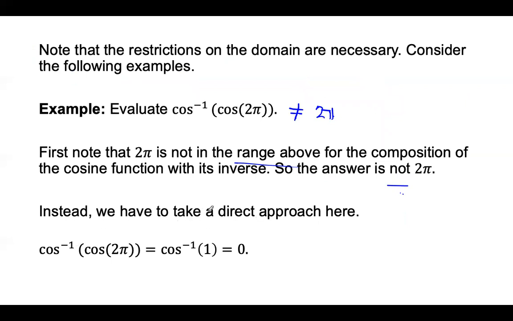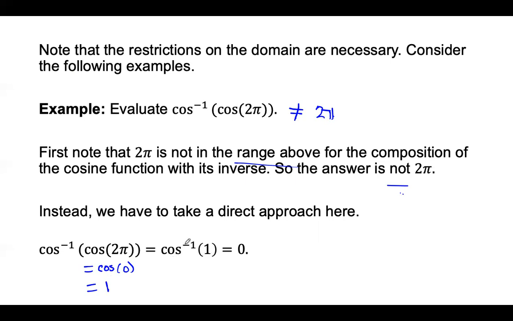So instead, you have to take more of a direct approach. So cos of 2 pi, well, if you plot the graph of cos of 2 pi and visualize it, this part here is the same as cos of 0. Well, cos of 0 is equal to 1. This is how we get this.